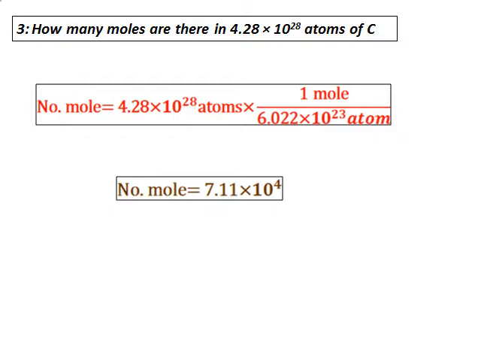Therefore I have to convert the atoms into moles. So multiply in such a way that the atoms get cancelled. Therefore 1 mole will be at the top and 6.022 × 10^23 atoms will be at the denominator. The atoms will get cancelled and the answer will be the number of moles present in that number of atoms.